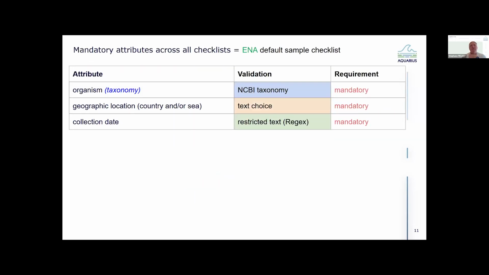If we look at the default checklist, it has only 3 mandatory attributes. The first one is taxonomy, the second is geographic location, which is not latitude and longitude but only a text description of the location, though there is a validation control, as you will see, and the collection date. That's the very minimum.